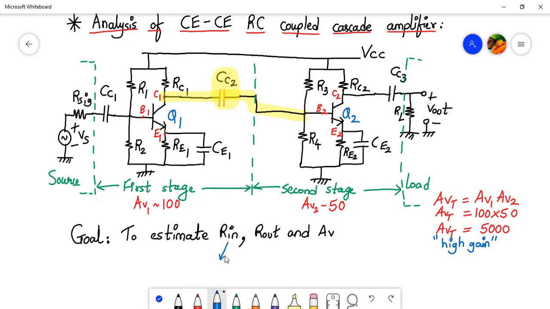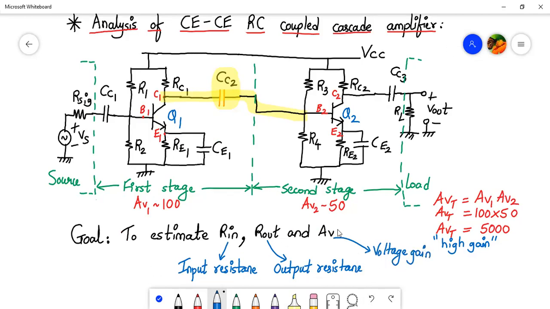So this R in is called the input resistance or input impedance. Okay. Then R out is nothing but my output resistance, and AV is my overall voltage gain of the cascade stage.